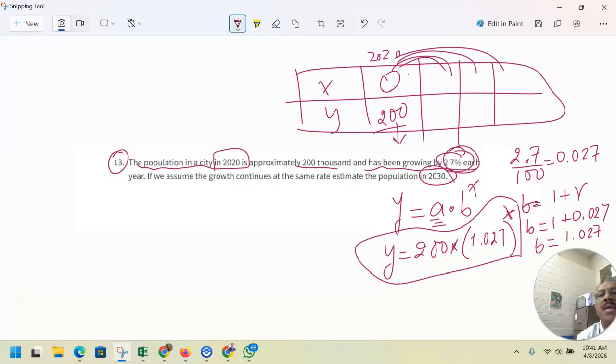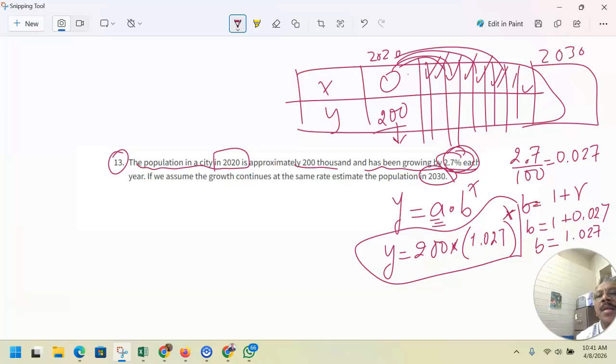I can break this down myself: it's like 1, 2, 3, 4, 5, 6, 7, 8, 9, and this is 10. This is 2030. So the year 2030 basically means it is 10 years from the starting year. The question is how much is the population?